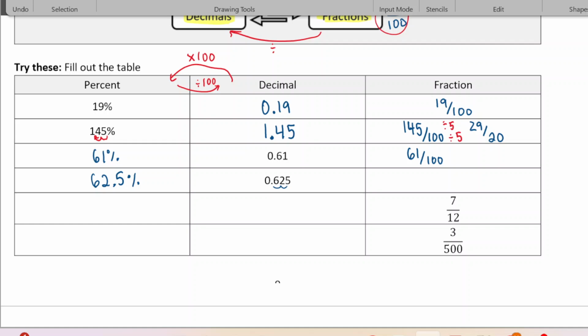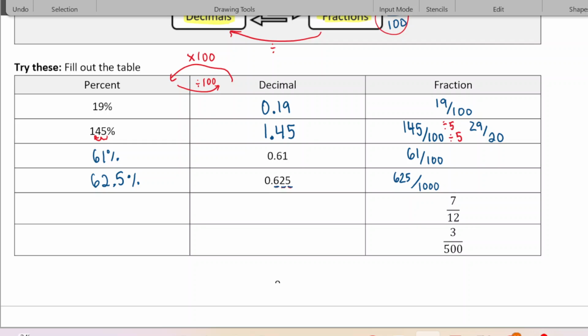The way to make this one into a fraction is to look at that decimal number, and we have 3 numbers after the decimal place. That means we're dividing this number into thousandths with 3 zeros. So we want to make our fraction out of 1,000 because there's 3 numbers after the decimal, and it's just 625 out of 1,000. That's because this is 625 thousandths.